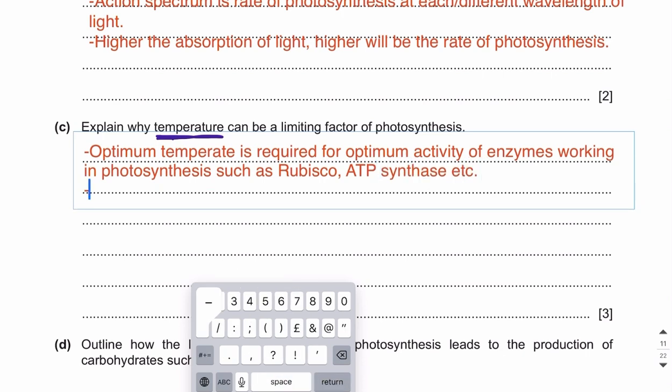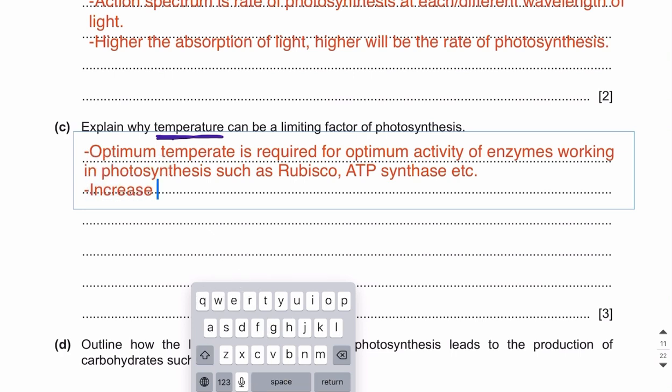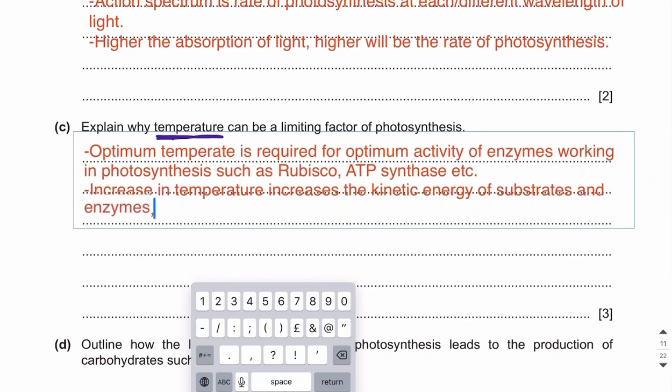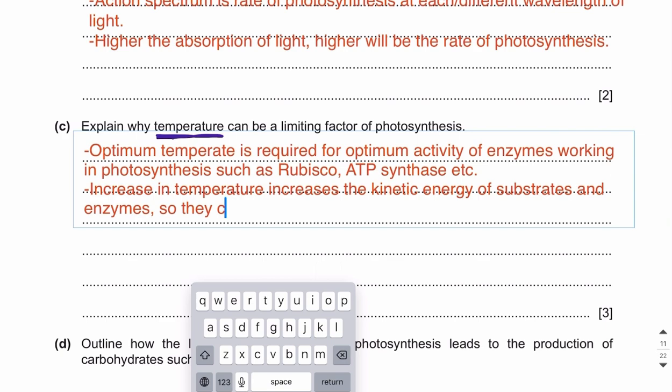So if temperature is high, or we can say increase in temperature increases the kinetic energy of substrates and enzymes. So they collide more often, producing more enzyme substrate complexes.